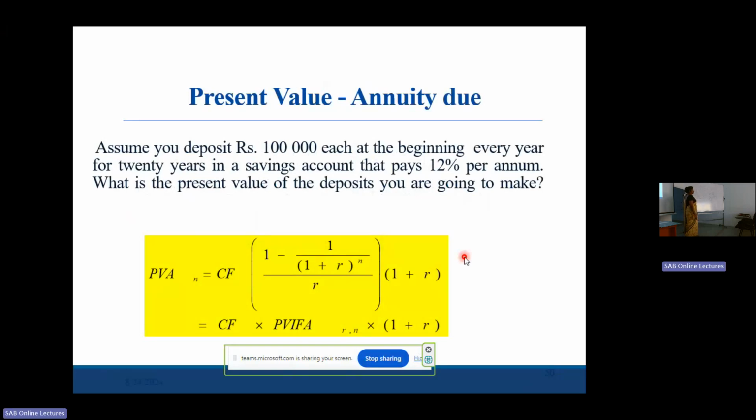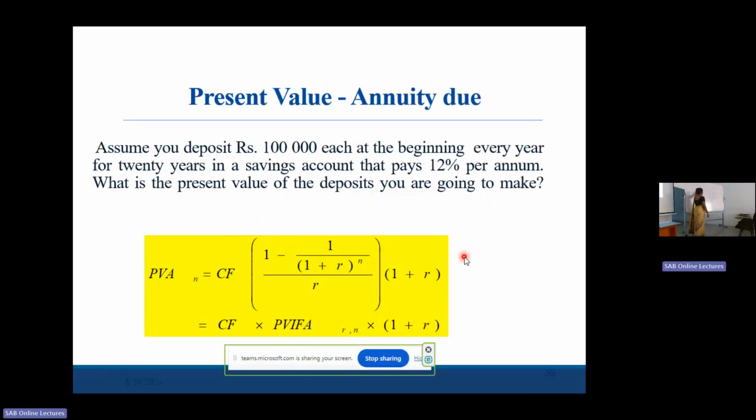To get the today-equivalent value of this 1000, you have to discount by 1 year. The same 1000, if it occurred at the due time, in the annuity due, occurred at the beginning of year 1, so you don't need to discount it. You can take that 1000 as it is.